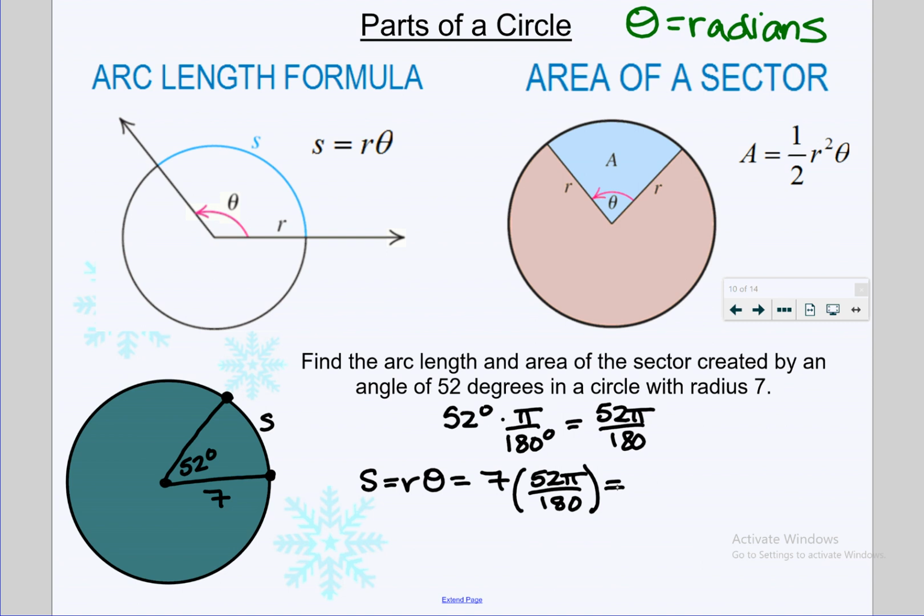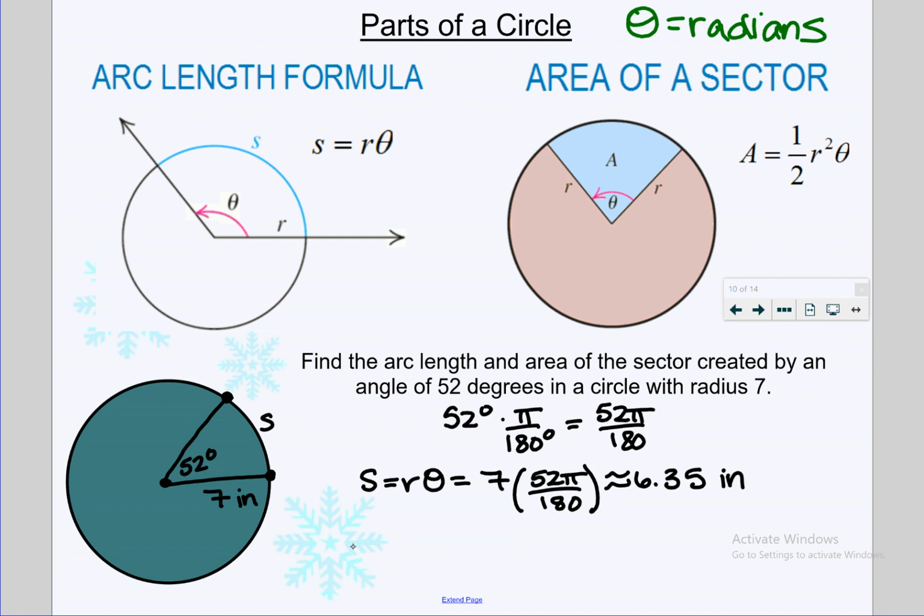So if I do 7 times 52 pi and divide by 180, I get approximately 6.35. And it's a distance around the circle. It didn't tell us what the unit was. Let's pretend it was 7 inches. It would be 6.35 inches. Or if it doesn't label it, you could just say units.